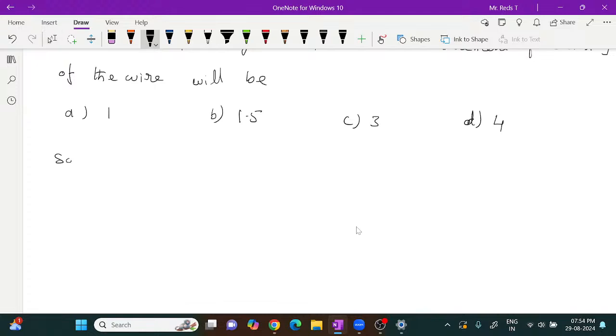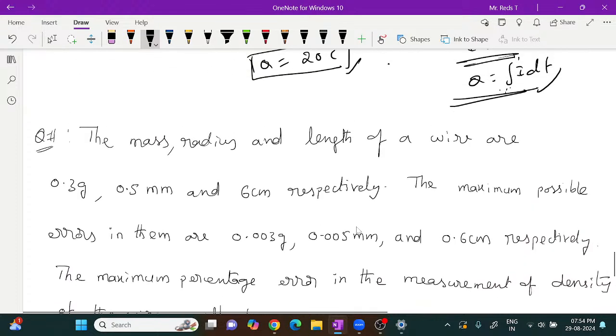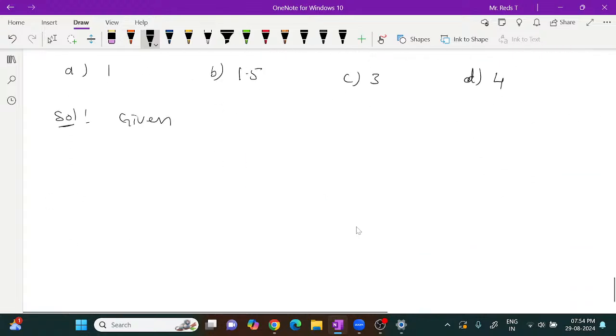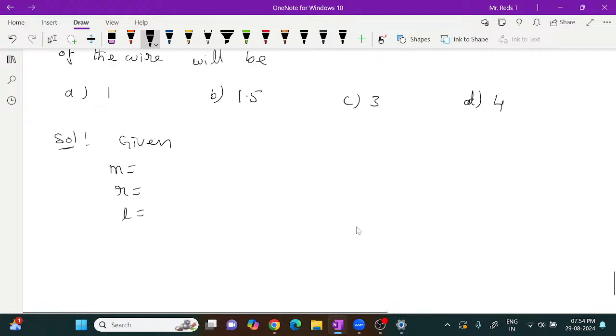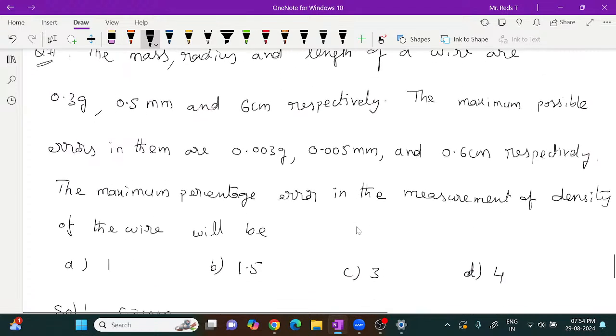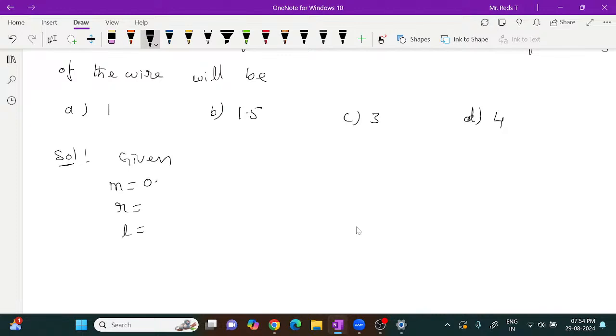It is given in the question: mass, radius and length of the wire are 0.3 gram, 0.5 millimeters and 6 centimeters, in CGS units. We can also express them in the SI system for calculation purposes.